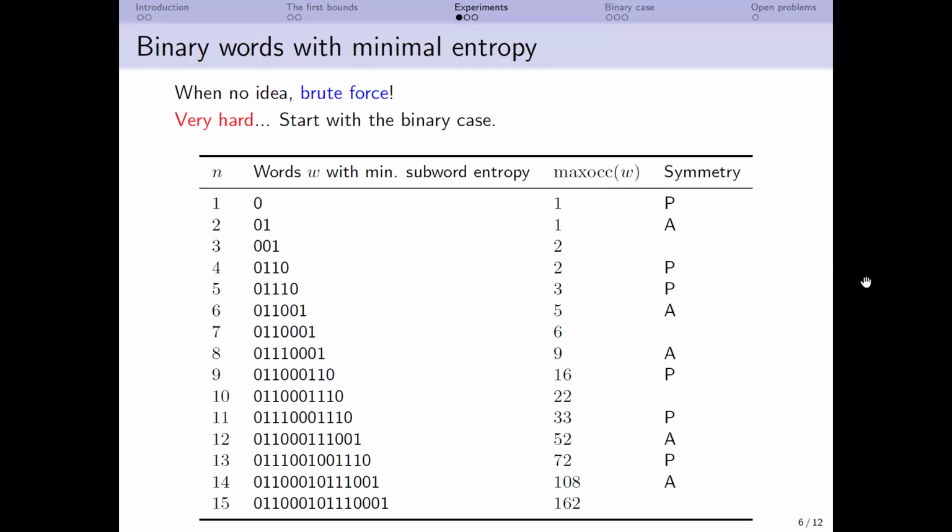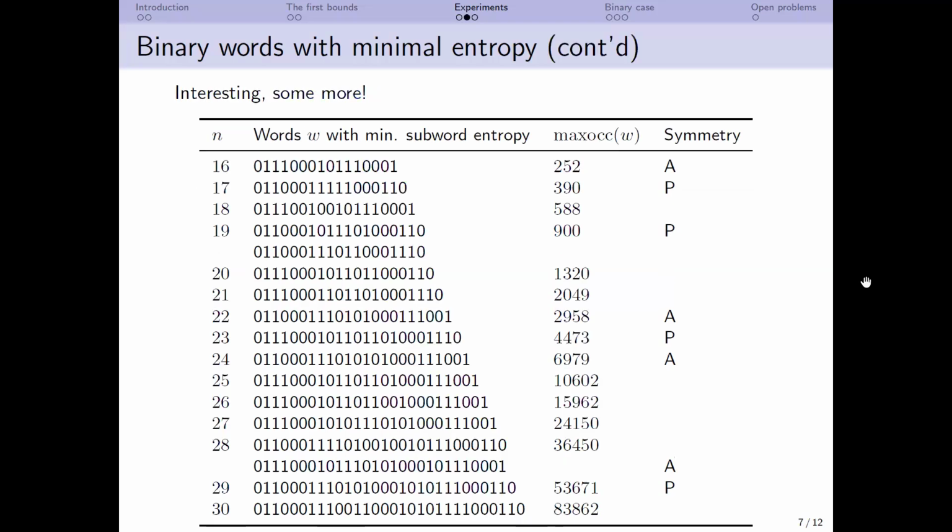P is for palindromic and A for anti-palindromic. So this looks very promising. Maybe there are still some structures in these words with which we can get a better upper bound. Are these unique minimizers up to changing 0 to 1 and 1 to 0? Yes.